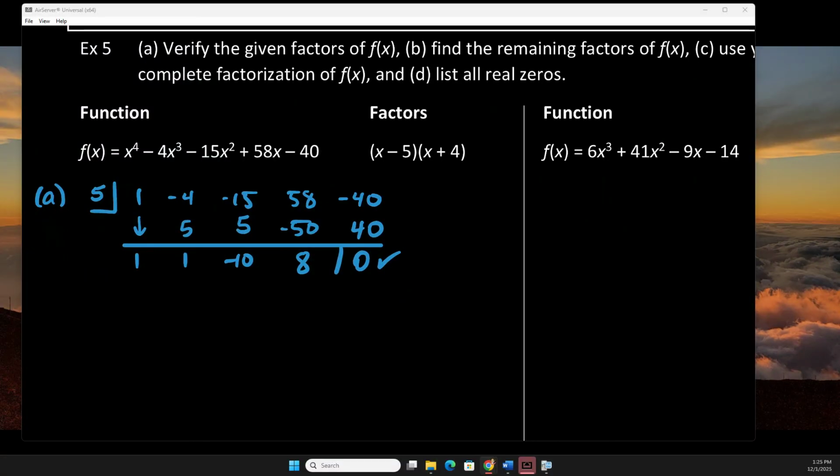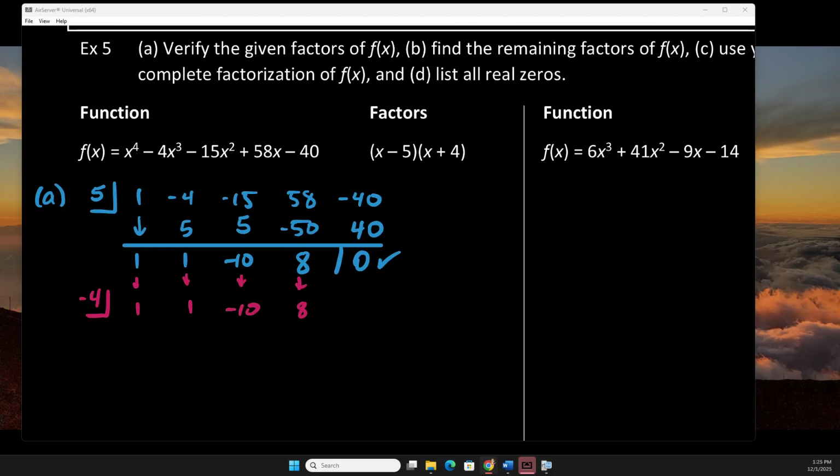Now, if you're one of the people that work ahead, hold on just a second. We can do synthetic division to check for x plus 4. We would do -4. But we don't have to go back to the original problem. Since I got a remainder of 0, I can just use these numbers, a shorter version, and make sure I get a remainder of 0.